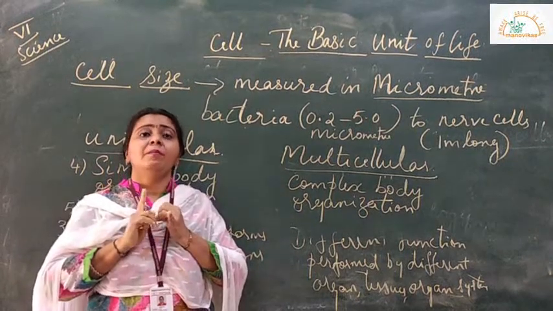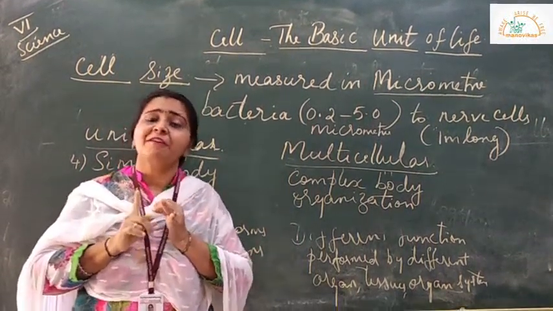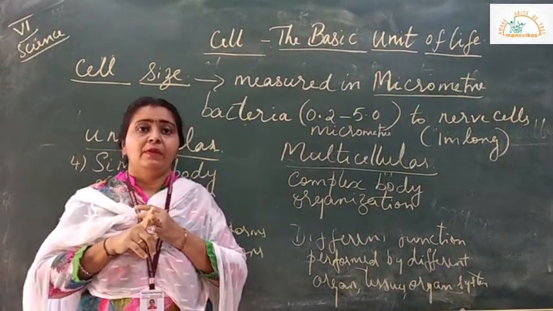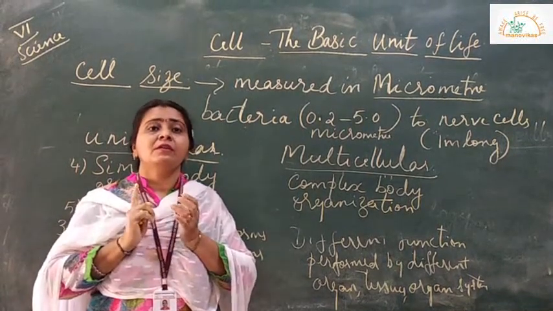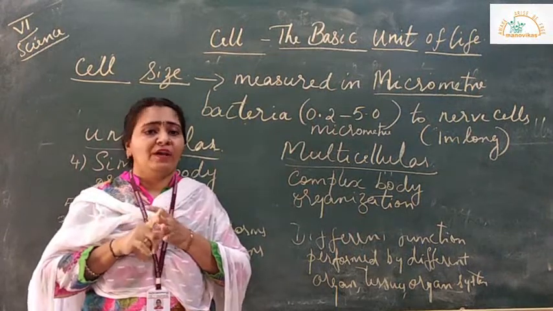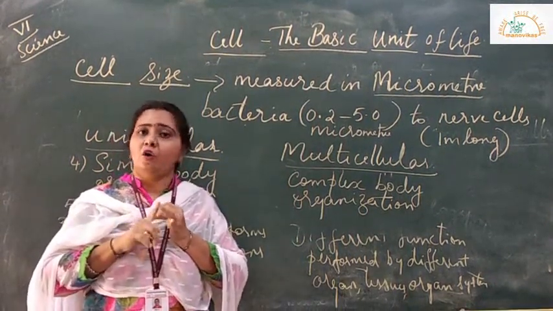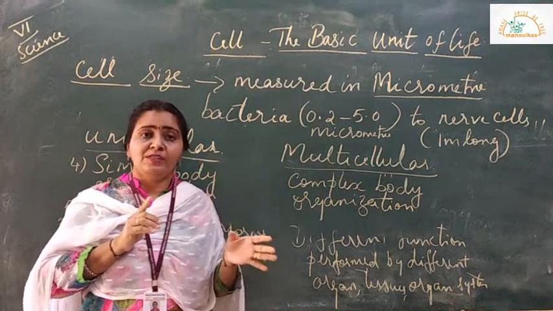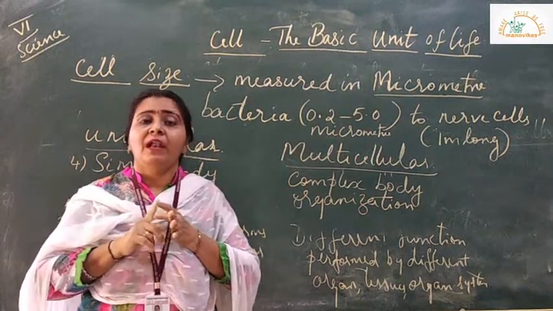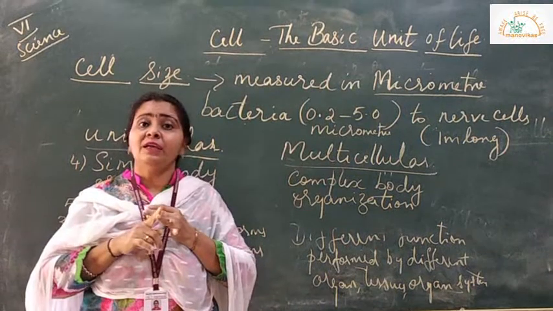Then a single cell performs all life functions, whereas in multicellular organisms, different life functions are performed by different organs and organ systems. Fourth, unicellular organisms have simple body organization, whereas multicellular organisms have complex body organization. And unicellular organisms live for a very short period of time, whereas in multicellular organisms the lifespan is very long.